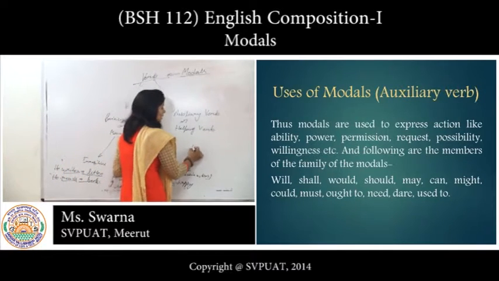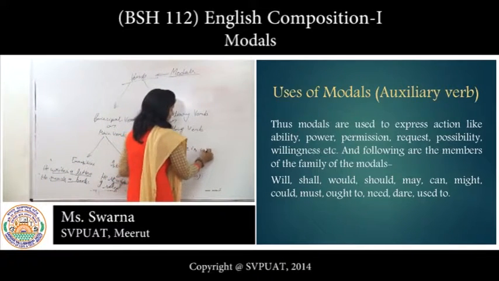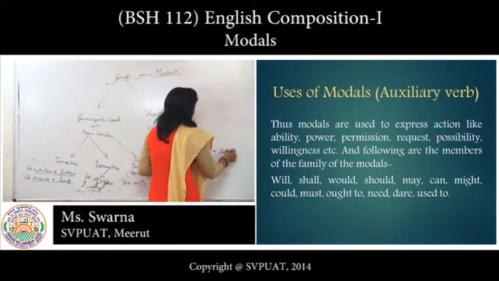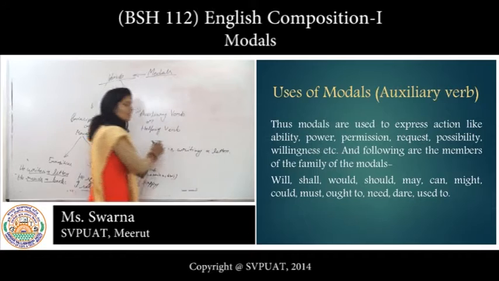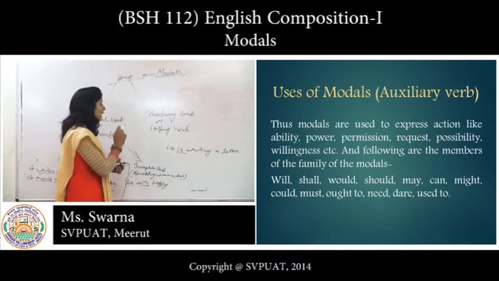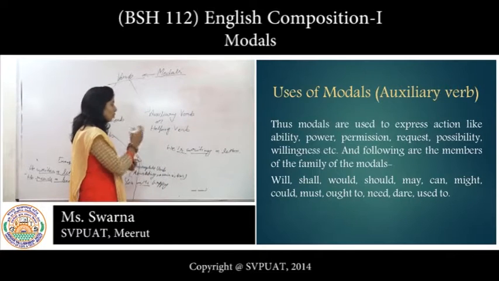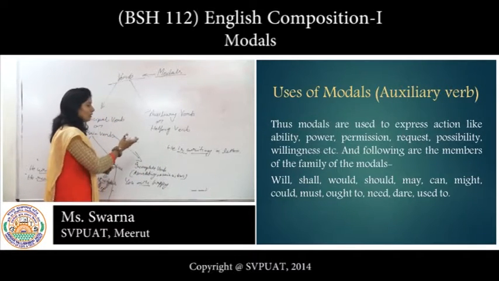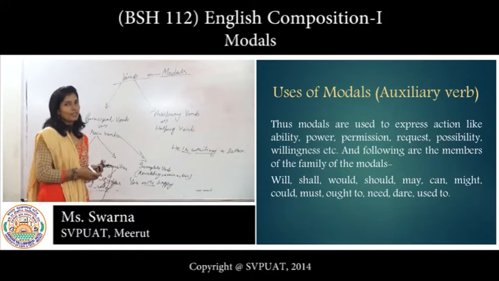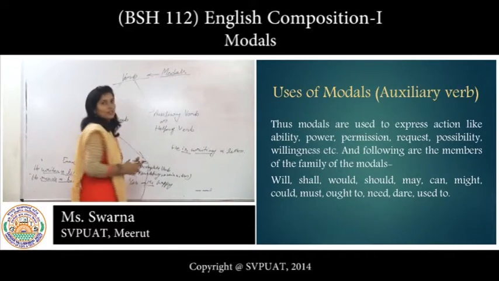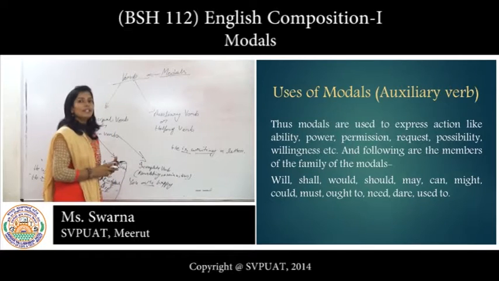Like he is writing a letter. In this case, is is the helping verb and writing is the main verb. So both types of verbs are used in the sentences of tenses. And our today's topic, modals, are part of auxiliary verb, or helping verb.